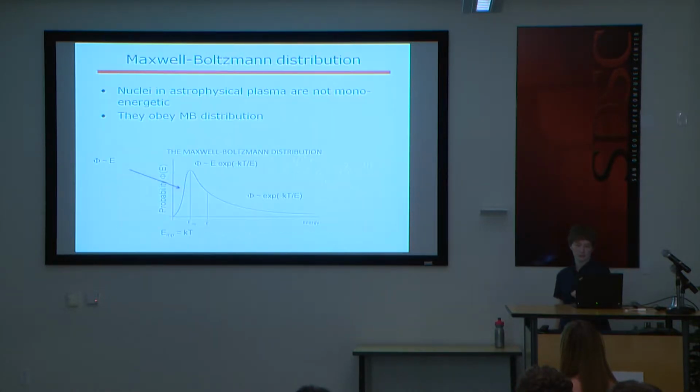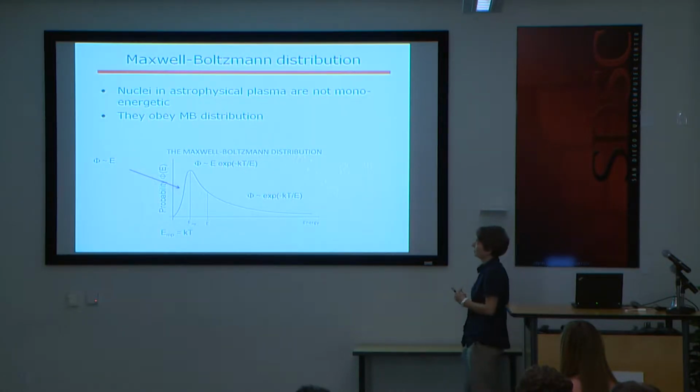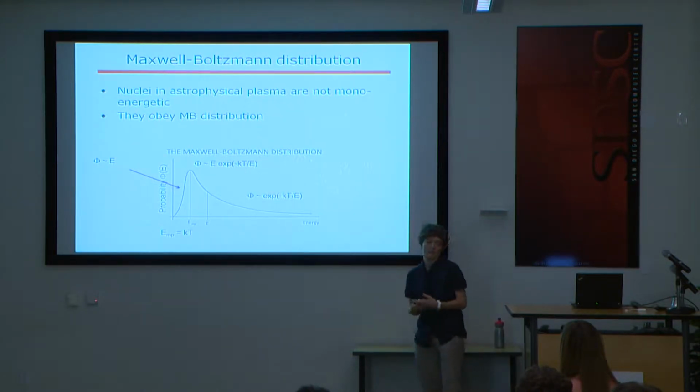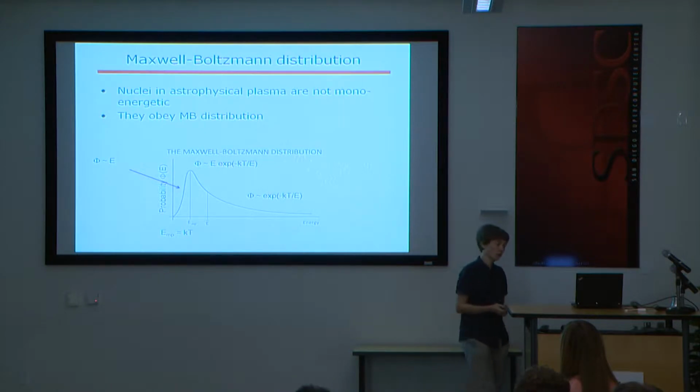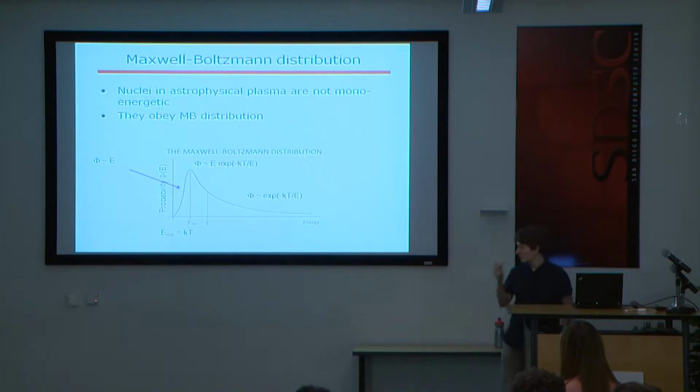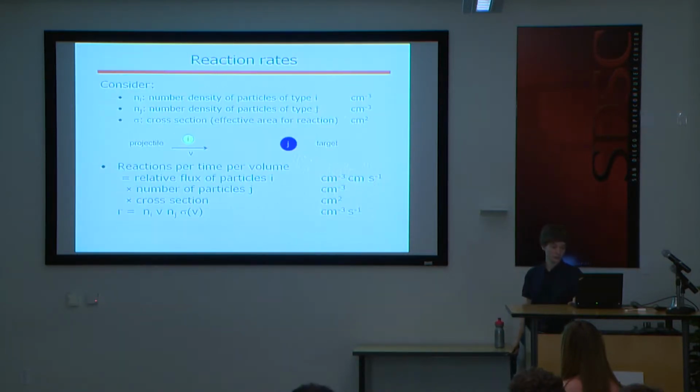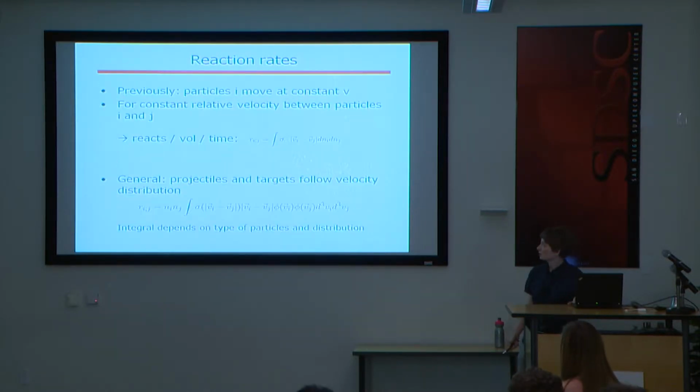Why am I doing this? Because in an astrophysical plasma, the nuclei are not monoenergetic. They typically follow Maxwell-Boltzmann distributions. If you were to do this reaction in the lab, you build your target out of J and you shoot particle type I at it, and you measure, for example, a cross-section.